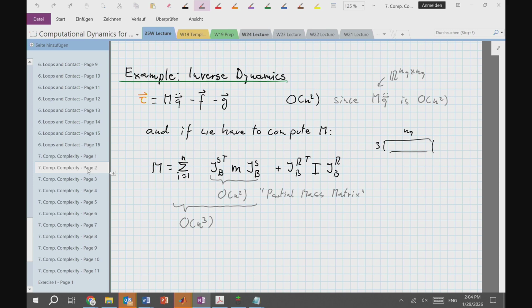And then we asked the question, how expensive is it to evaluate them? And the answer was, if you implement stuff verbatim as it's written here, this is how you do the mass matrix, this is how you evaluate your inverse dynamics, you're looking at something that's order n cubed in terms of computational complexity. 10 times the problem size, 1,000 times as slow.